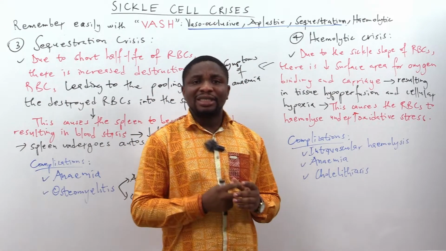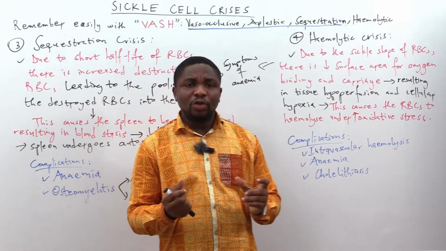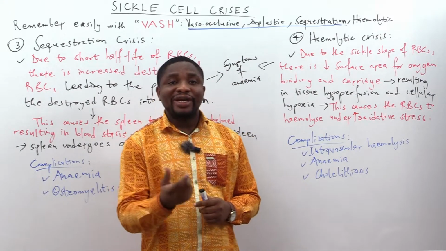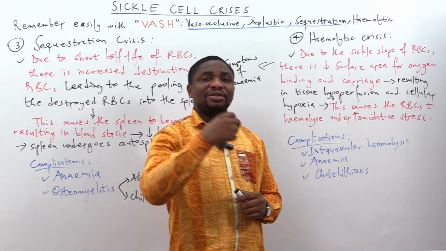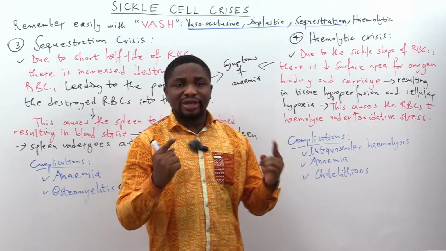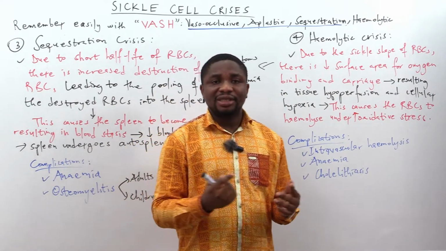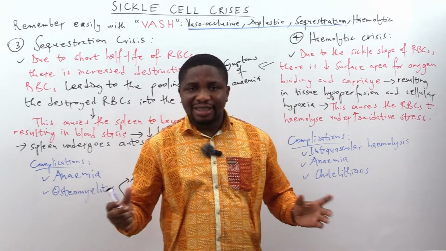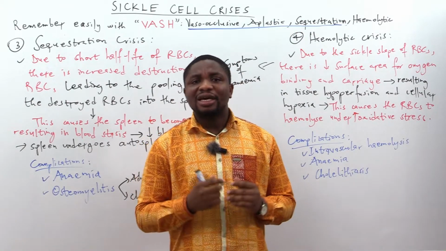And when that happens, it causes tissue hypoperfusion and cellular hypoxia. The resultant effect is that the red blood cells tend to hemolyze under oxidative stress, which is now increased. And that is what we call hemolytic crisis. That is how the hemolytic crisis comes about.